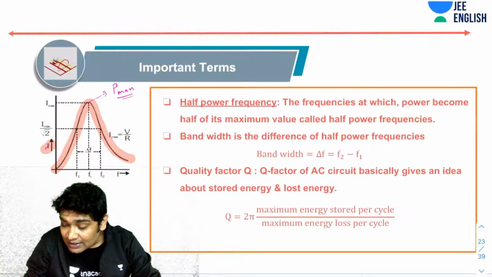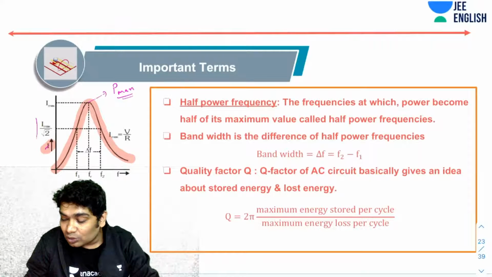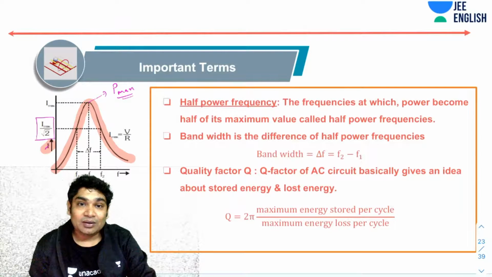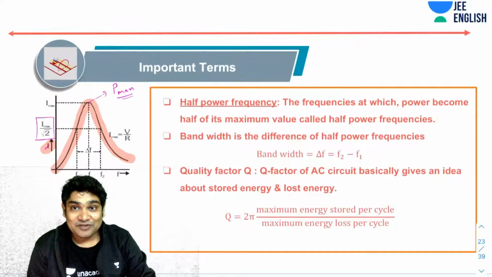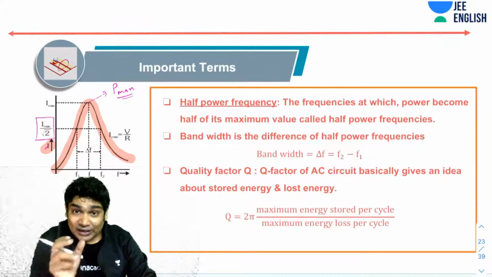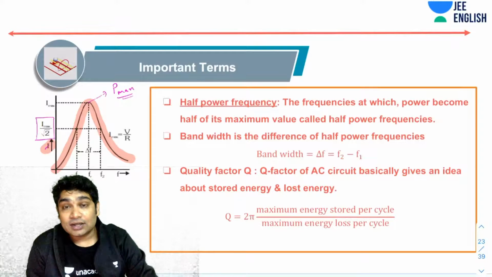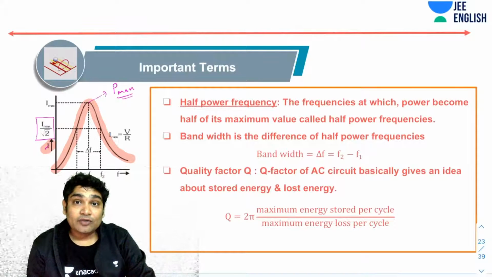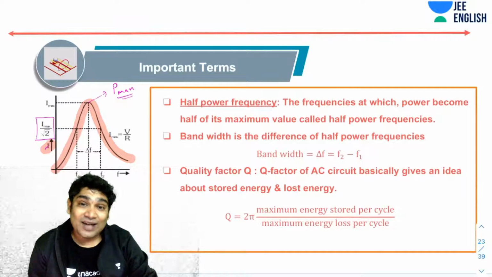Now, when the current is at I max by root 2, you will realize that the power consumed would be half the maximum power. Why that? We will discuss this in detail, but you should know the only element that dissipates power in the circuit is the resistance. So if you reduce the value of the current by I by root 2, the power dissipated across the resistance, which goes as I squared R, becomes half.